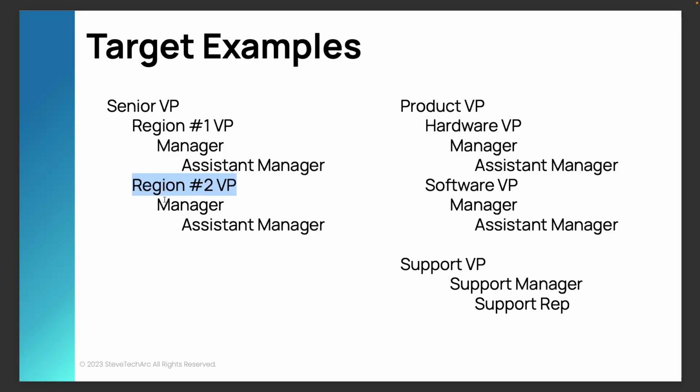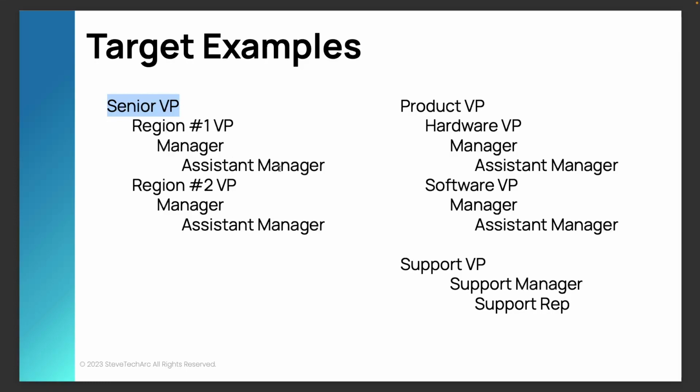But if you wanted their subordinate managers and assistant managers here to have access, then you would designate this as the regional VP, number 2, and subordinates, which would grant it downward. It would skip region 1, and the senior VP would get it because of the hierarchy.